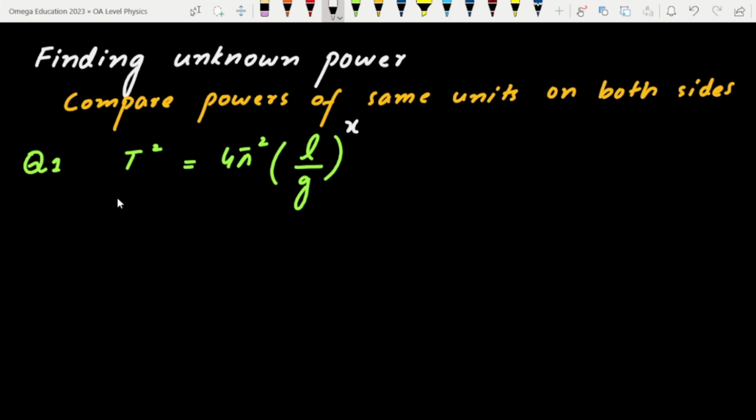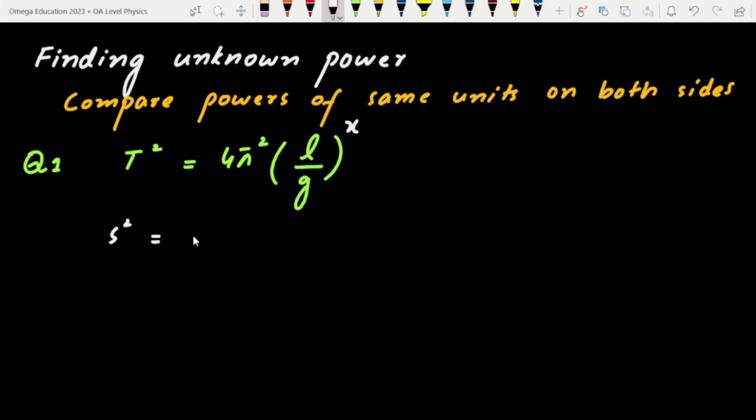Once again, the very first step is to ignore the constant. Constants do not have any units. So you ignore the constants and insert the base units of all the quantities in the equation. Time squared would be second squared equals 4 pi squared, which you just ignore for a while.